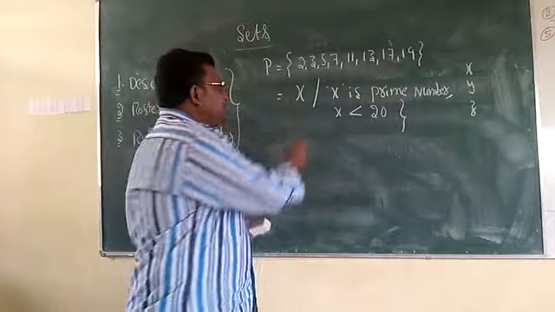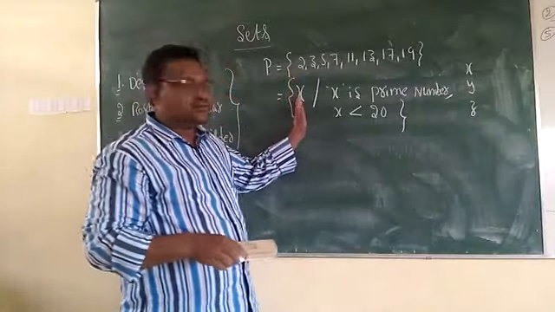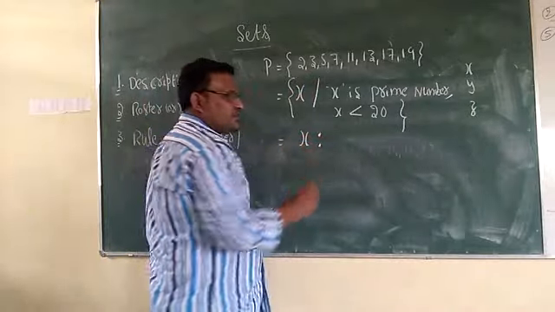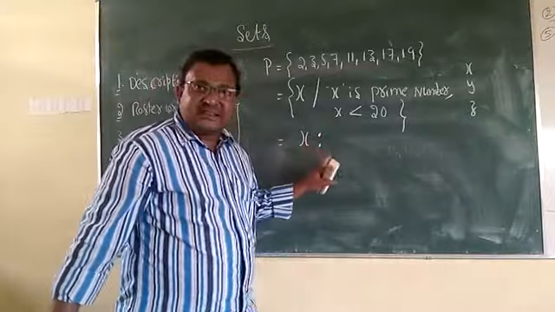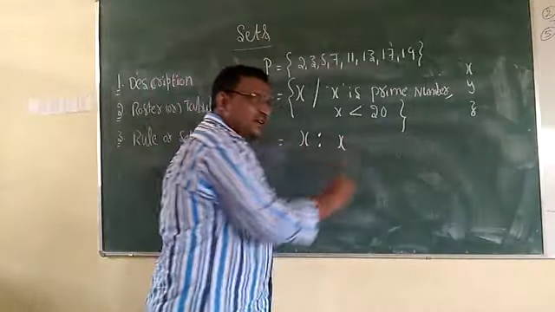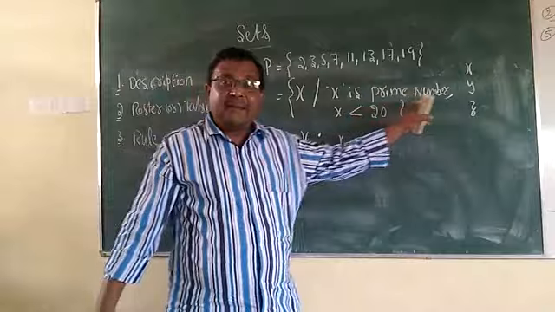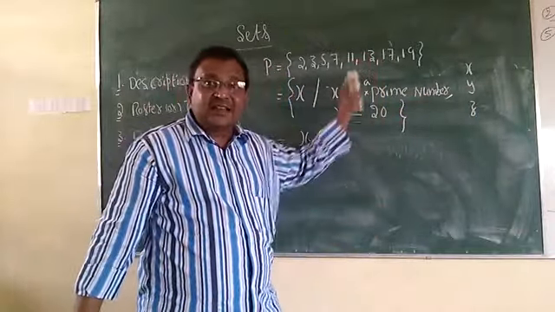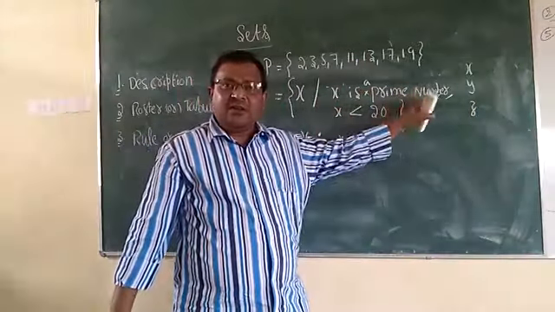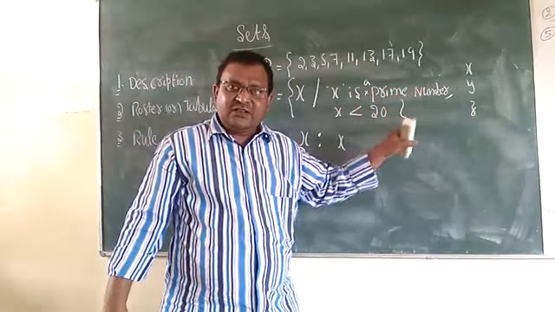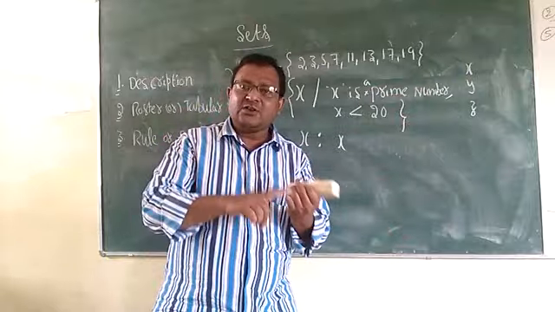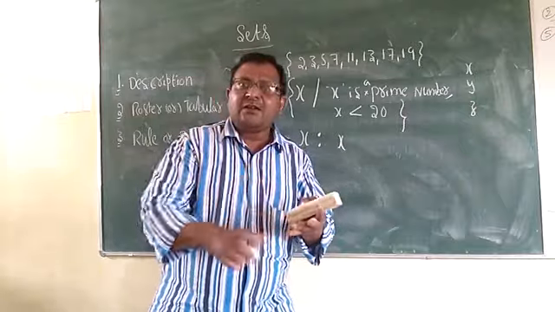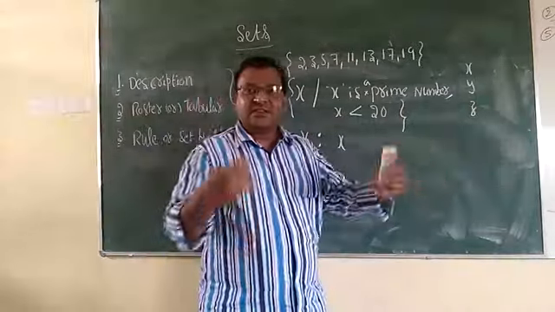How to read this? x such that, sometimes we use x colon, we have to read this also as x such that. x is a prime number and x is less than 20. It is understandable. All the elements will come: maybe 2, maybe 3, maybe 5, maybe 7, maybe 11, maybe 13, maybe 17, maybe 19. By reading this, we can just understand.